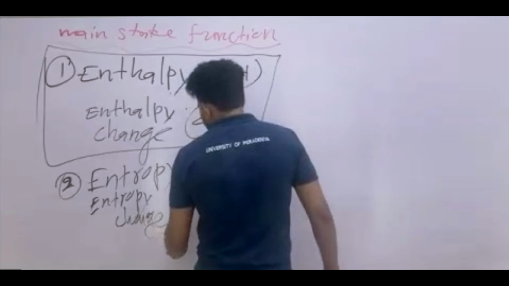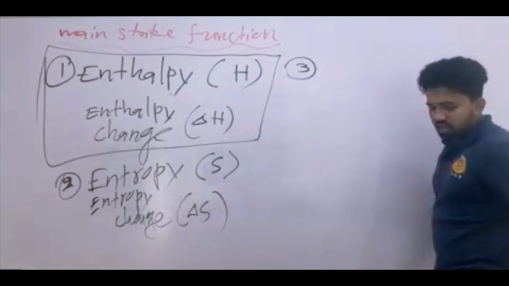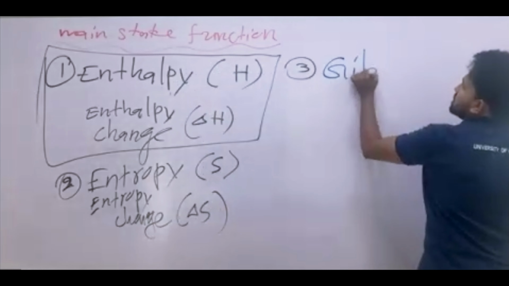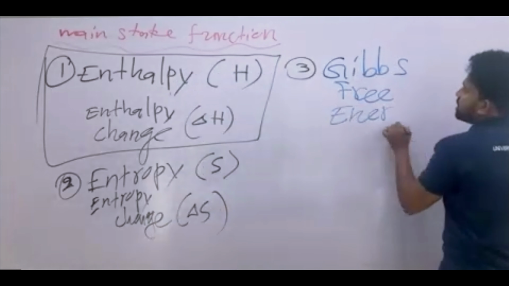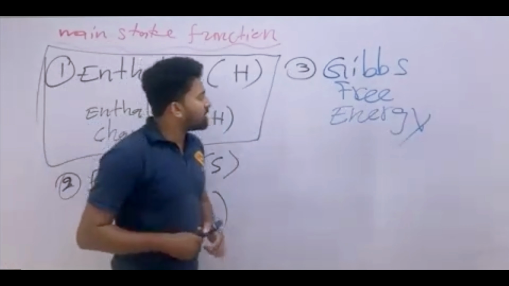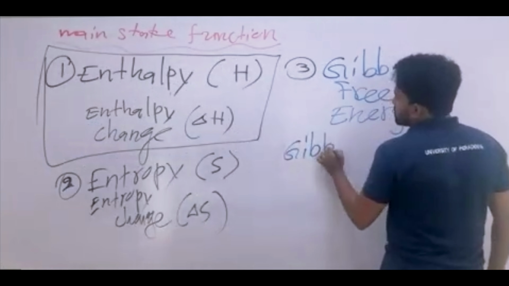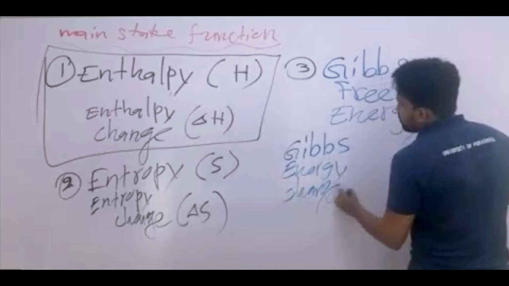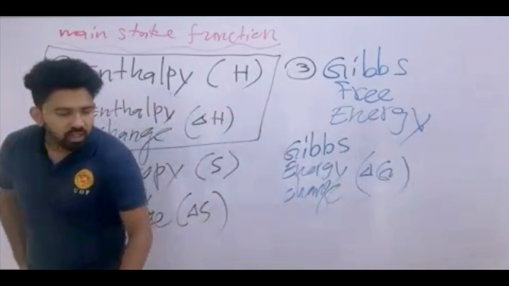Entropy change, we use delta S. And the third one is Gibbs free energy, and Gibbs free energy change. We use delta G for Gibbs free energy change.